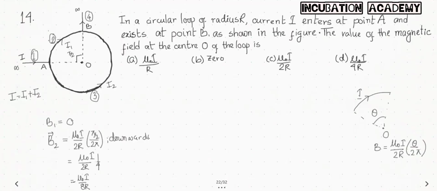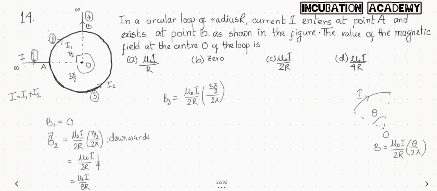Now for the B3 section, the angle is 3 pi by 2. So that is mu naught I divided by 2r, times 3 pi by 2 divided by 2 pi.